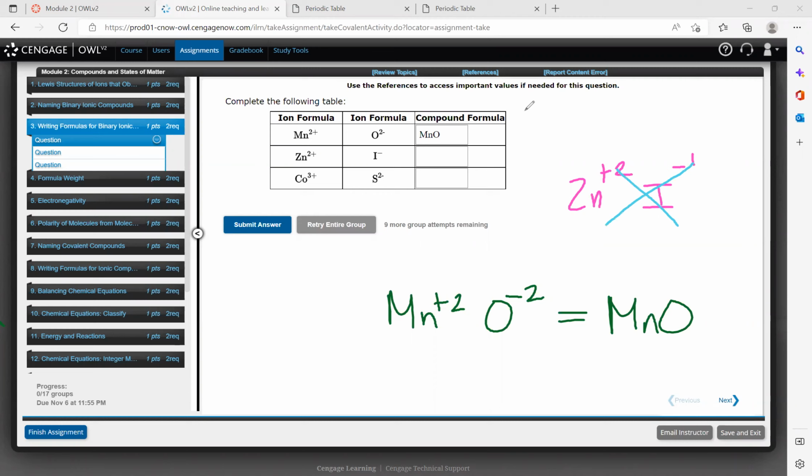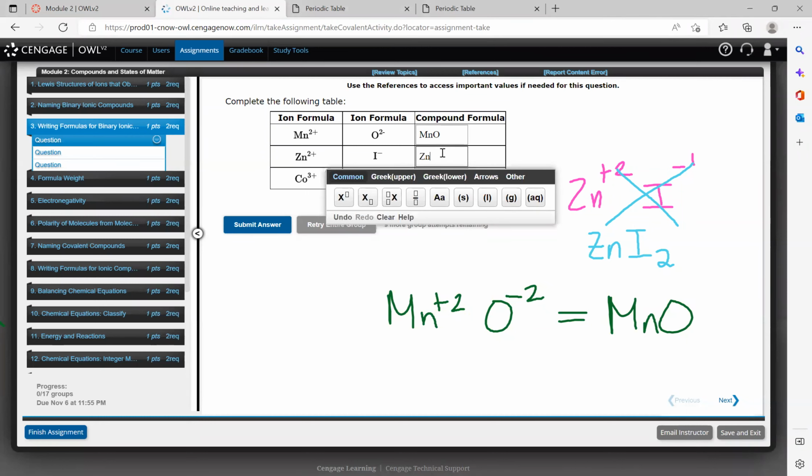The charge magnitude of iodine goes down as a subscript for zinc, but because it's just 1, we simply write Zn. For iodine, the 2 comes down to the bottom, so we need 2 iodine atoms for 1 zinc. So this is Zn, I, with a subscript 2.